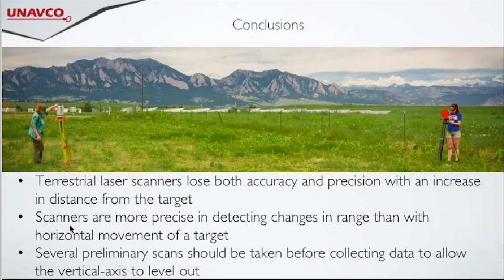We also know that environmental factors can play a huge role in the quality of the data. And a little bit of advice to field engineers: do a couple of scans before you settle into your true data collection.